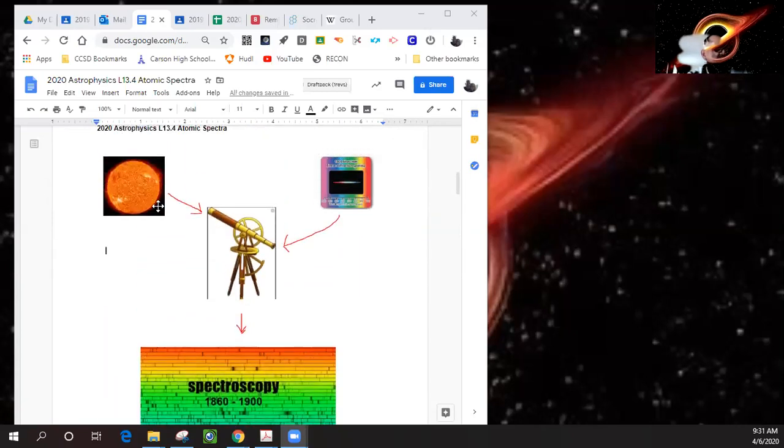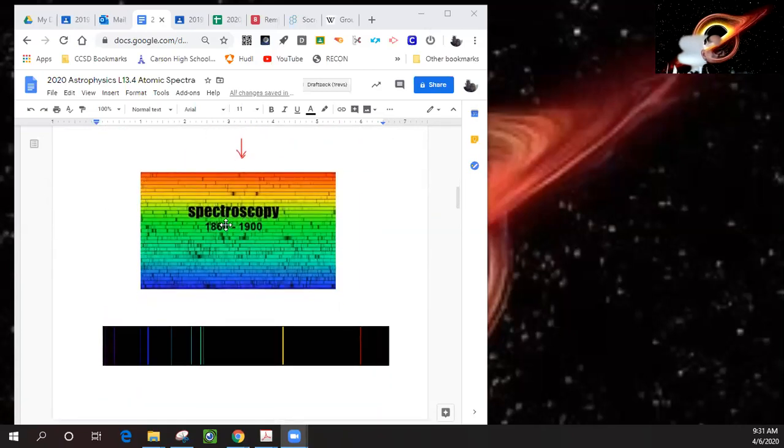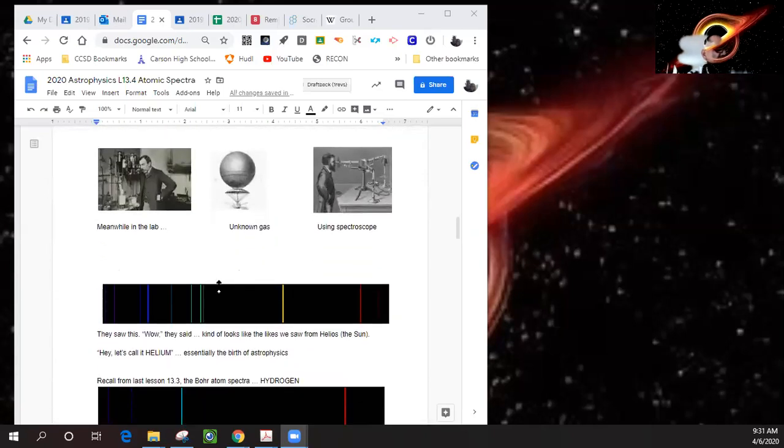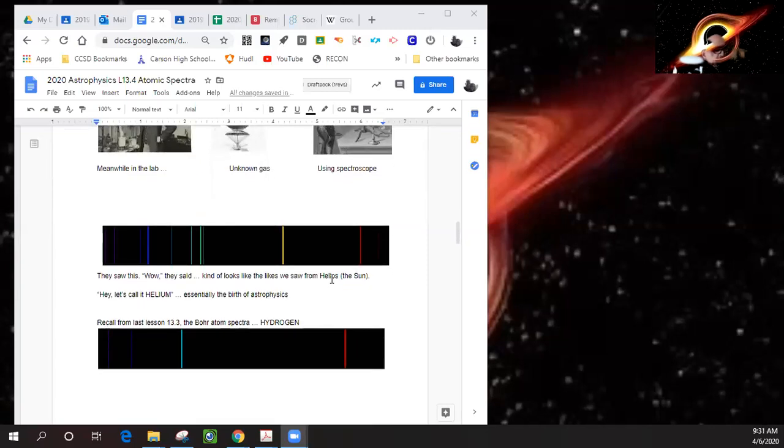They saw the same spectral lines in the laboratory. Since the sun was called Helios, they said, let's call it helium. Essentially, this is the birth of astrophysics.